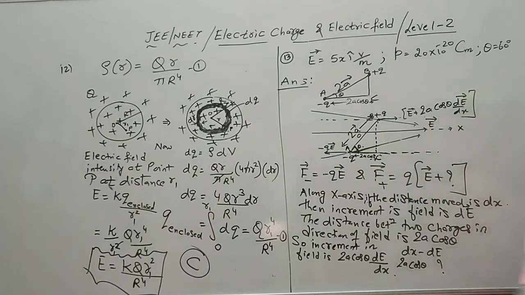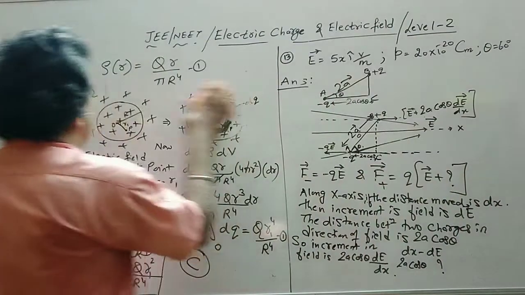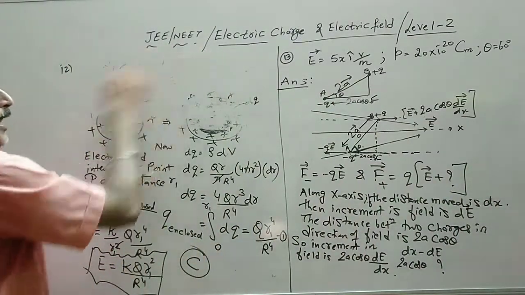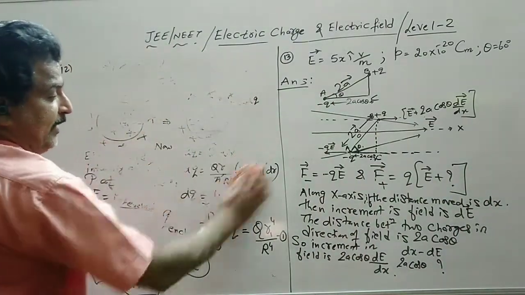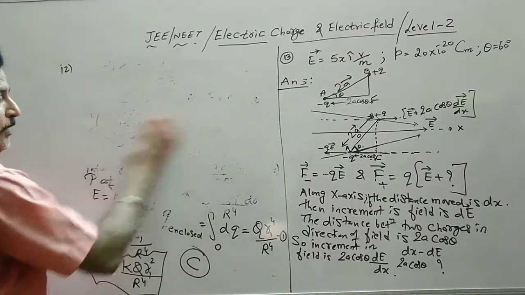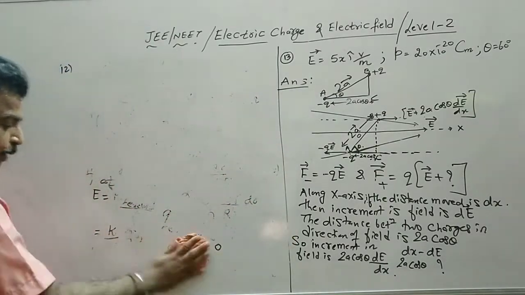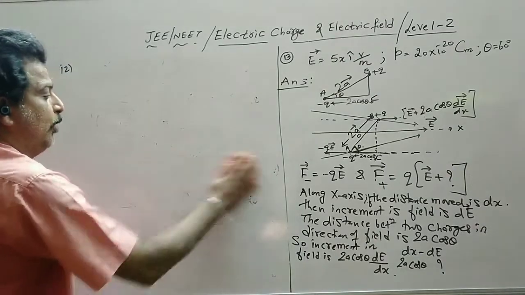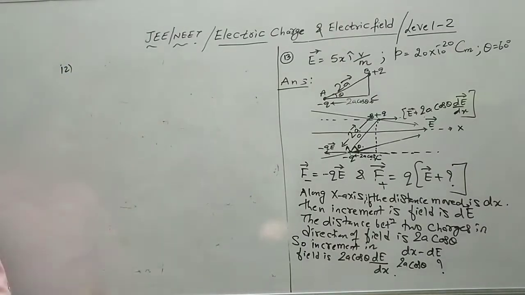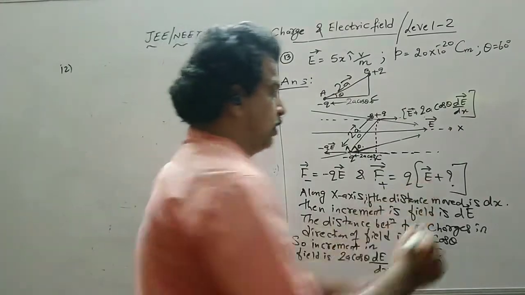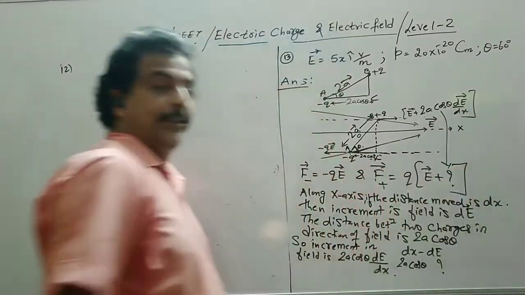That something is found by this formula. So now what is the field at point B? It is E vector plus question mark, that is found to be 2a cos theta. Now I find out the resultant force. So now this question mark will be replaced by this quantity.